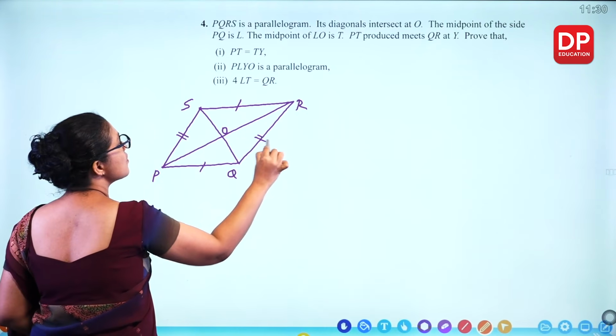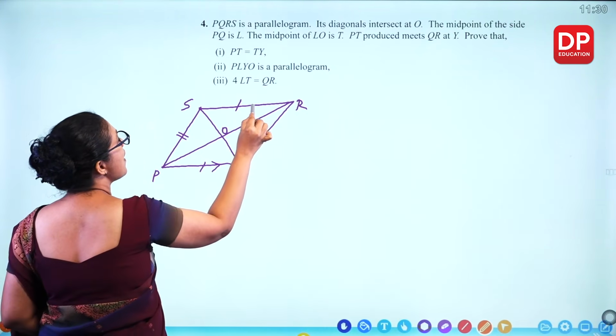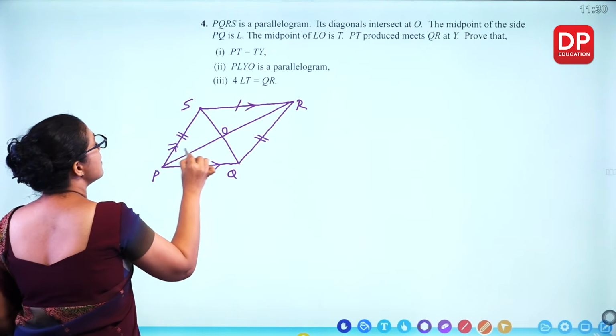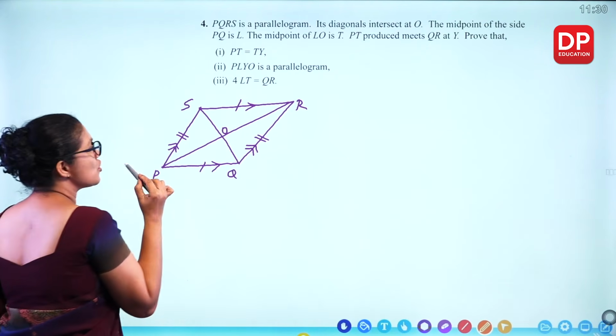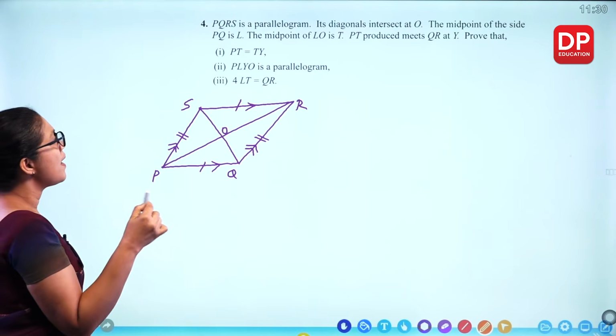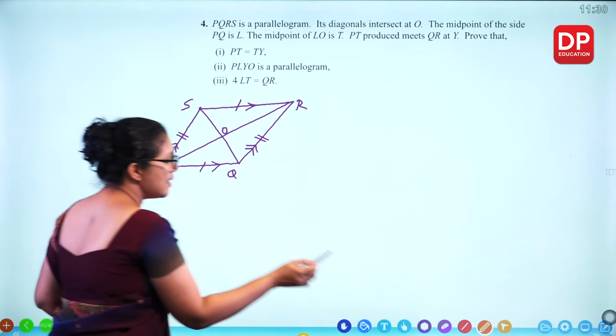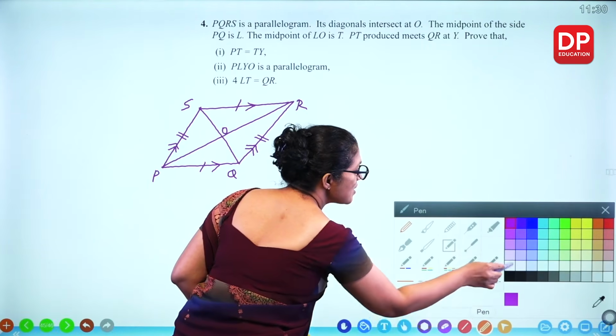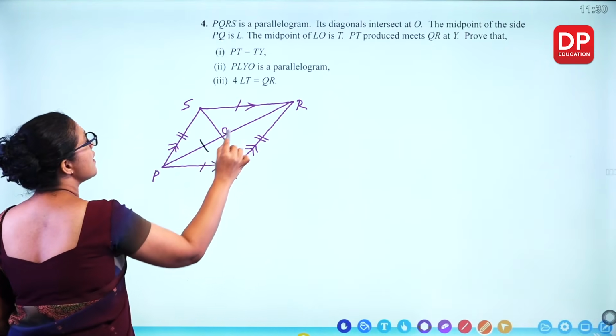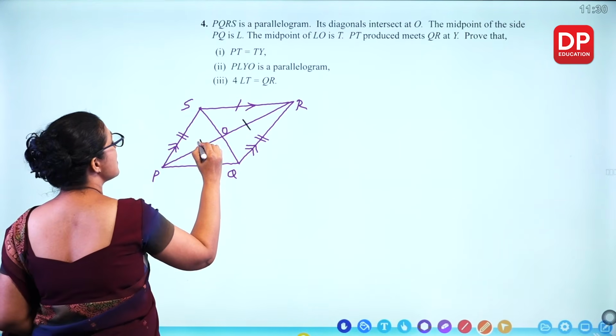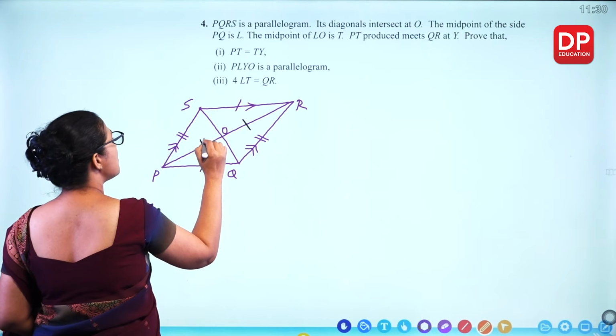This side is equal to this one. This is parallel. We can mark all the given information. Parallelogram means opposite sides are parallel, equal, and the diagonals bisect each other. So I can show that information as well.